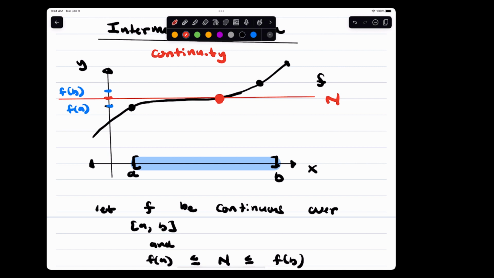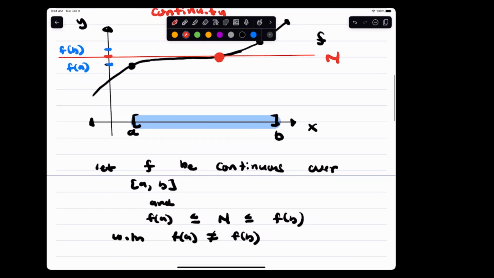Okay, so I want you guys to see this extremely important detail. So you have a continuous function over a closed interval where f of a is less than or equal to n, less than or equal to f of b. This is the n. Notice it's between what? These two things. All right, so I guess that's really the focus here.